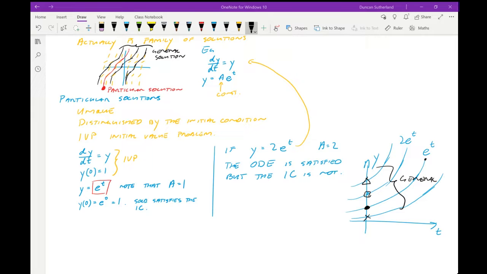The particular solution is always contained within the general solution.